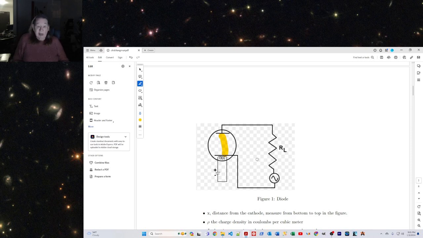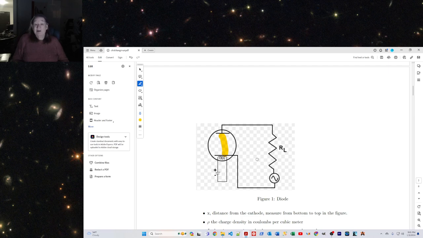In regular AM radio that you're probably familiar with, you have a carrier wave, and its amplitude varies according to the sound that's being transmitted, and a diode can extract that audio signal from the carrier wave. But we're really only interested in one thing tonight. We're interested in how the current that flows from the cathode to the anode is influenced by the voltage on the anode.